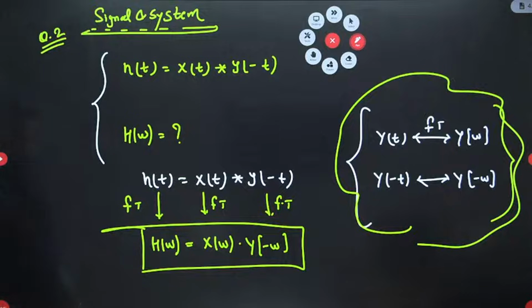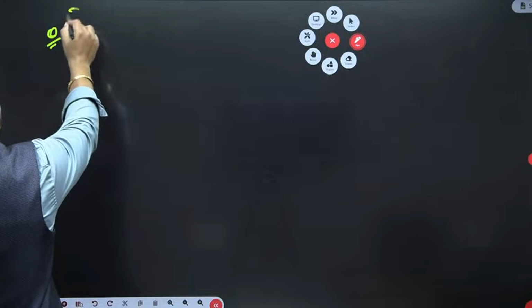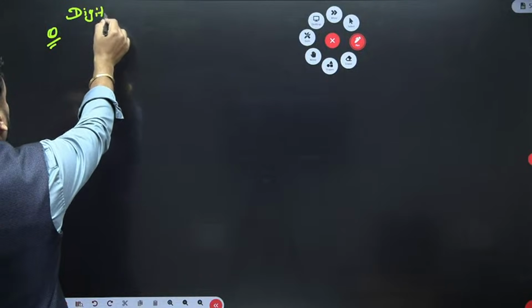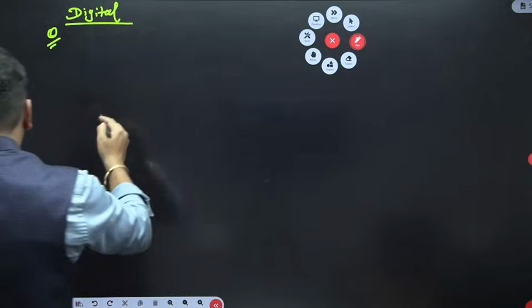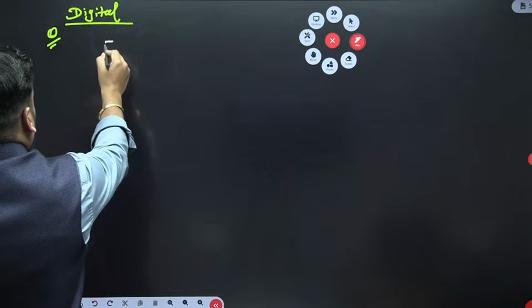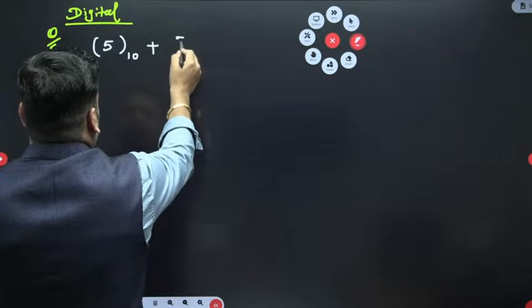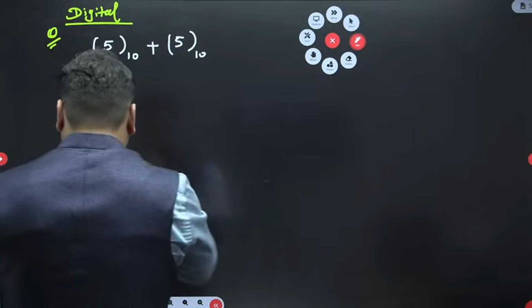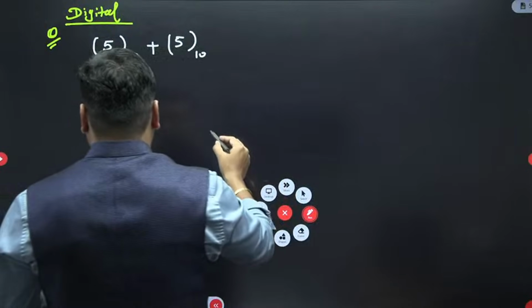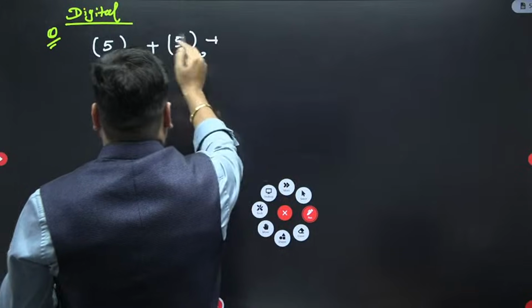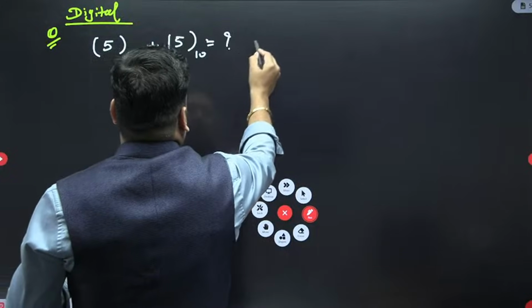Meanwhile, I have one more question, beta. That question is again from digital, and this is a very beautiful question based on the number system. The question says 5 given in base 10 plus 5 also given in base 10, and asks what is the 4-bit result in 2's complement.